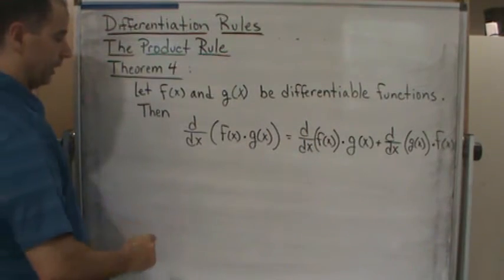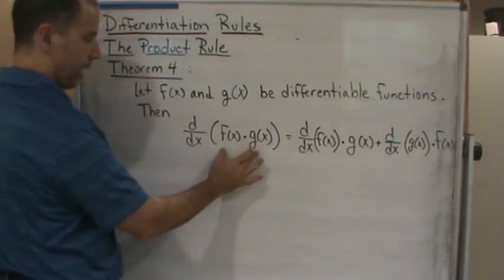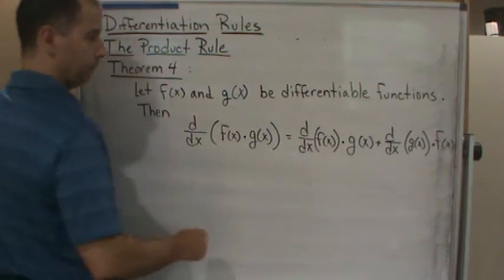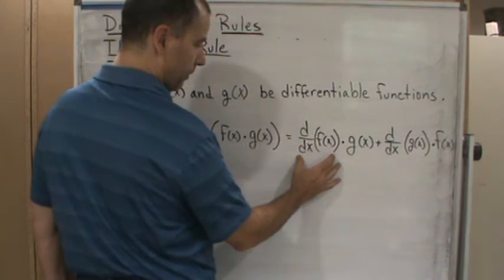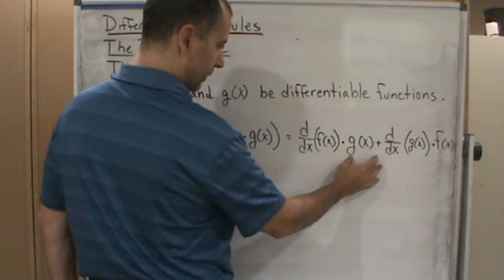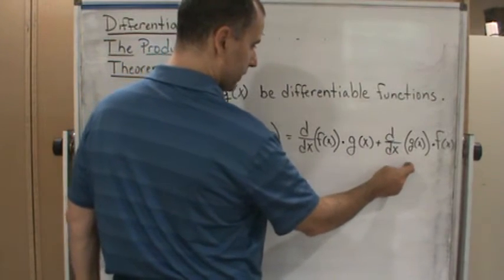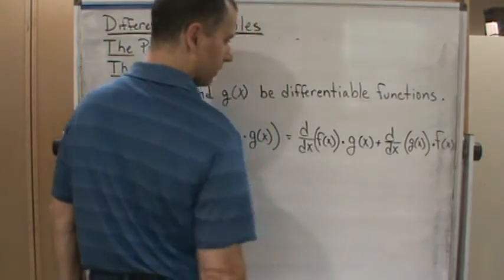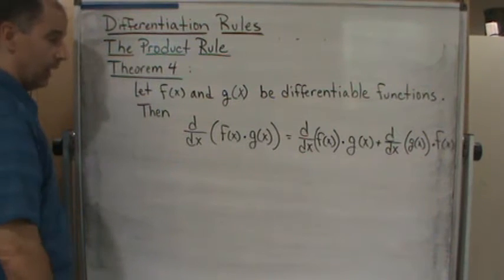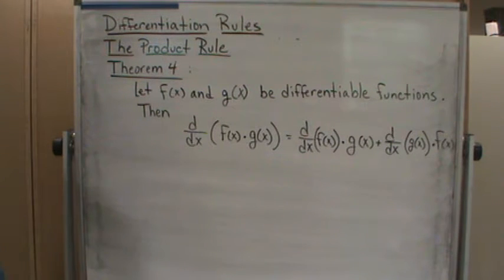So let me say that again. The derivative of a product of two functions is the derivative of the first times the second plus the derivative of the second times the first. Okay? That's how you apply the product rule.